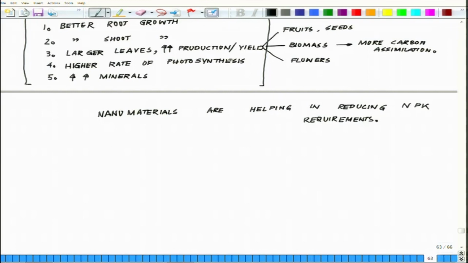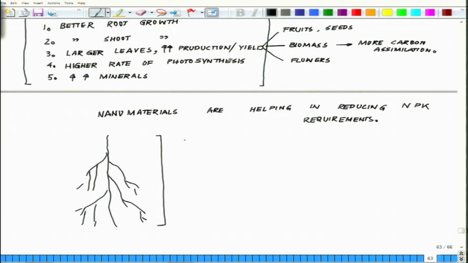Now, if we rationally try to figure out what is happening, if we say that this leads to a better root growth, something like this, okay. So, for example, this is the representative root I am drawing. What we are observing is the higher root growth here.